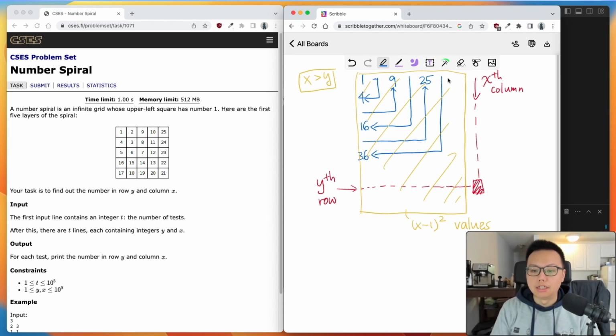If x minus 1 is even, then it goes right and then goes up. So this is basically the idea, and after we figure out the square value, we are able to identify the location of the actual value.